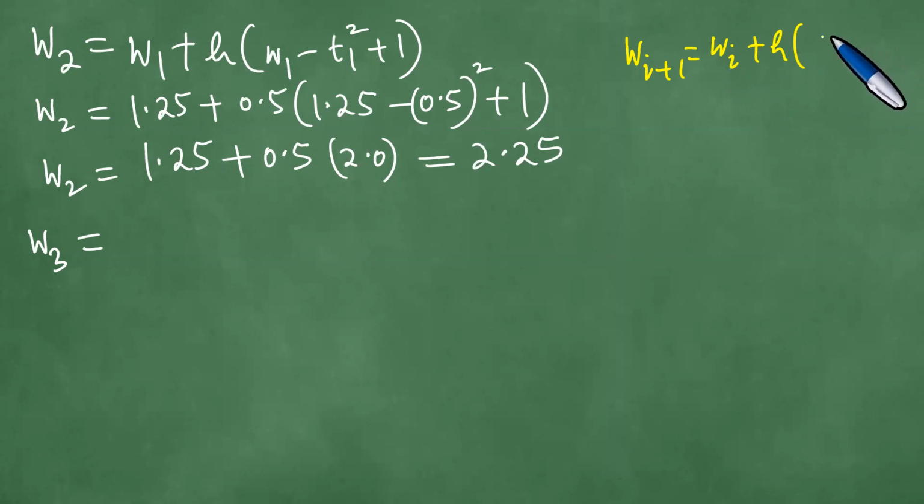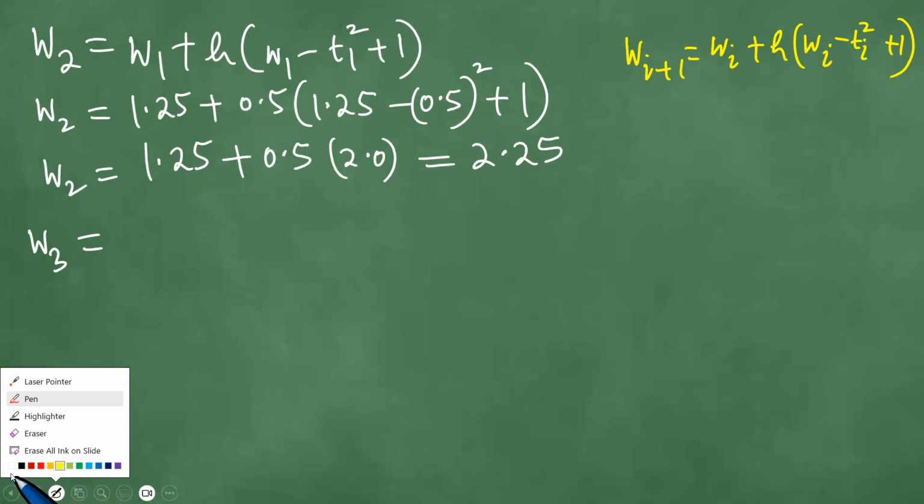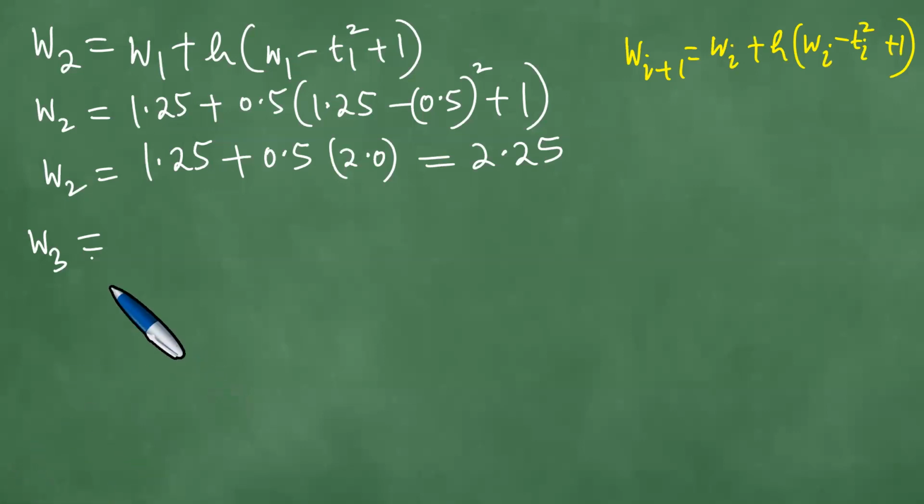In this case, it's the same as Wi minus Ti squared plus 1, like this. So with that said, this is W3.